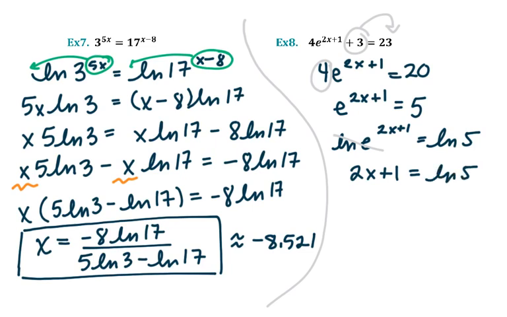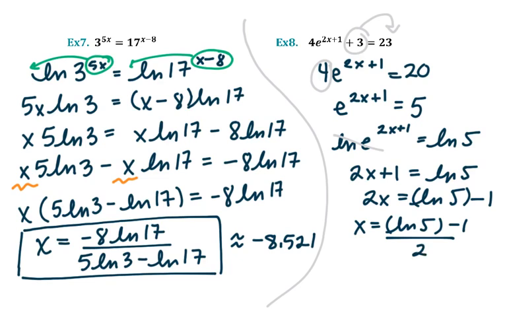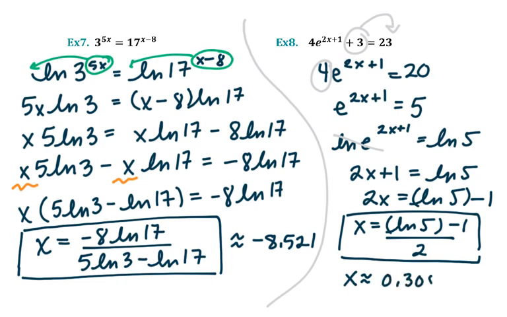And in 2 steps, I'll subtract 1 and then divide by 2. 2x equals the ln of 5 minus 1, and that's all of natural log 5, then take away 1. And then divide by 2, x equals the natural log of 5 minus 1, all of that over 2. And if we were to write this approximately, we would end up with 0.305.